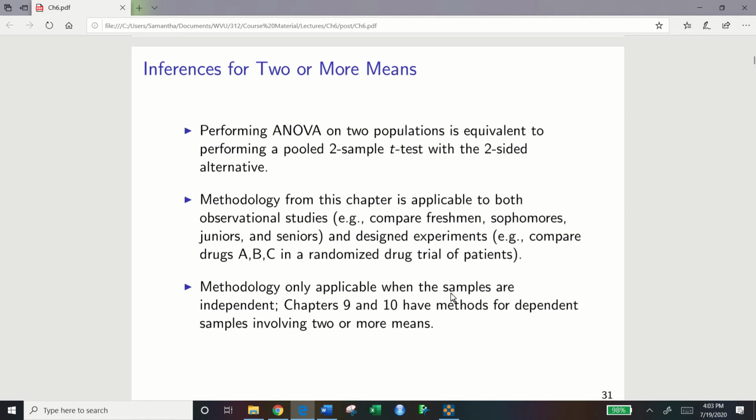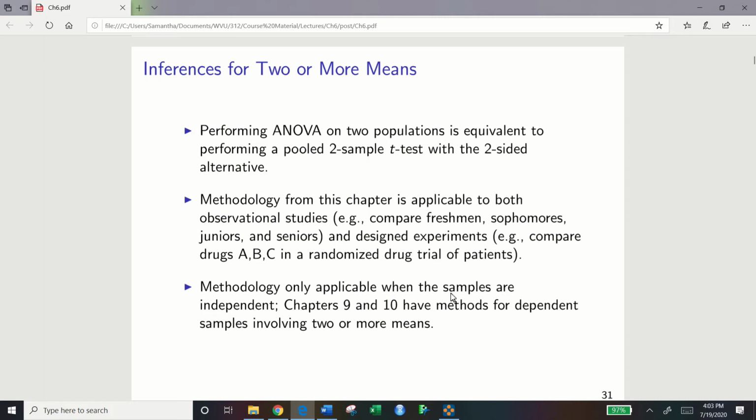Now, when we do ANOVA on two populations, it is actually equivalent to performing a pooled two-sample t-test with a two-sided alternative. The methodology for this chapter is applicable to both observational studies and designed experiments. Observational studies are things that we can't directly control and we have to observe.